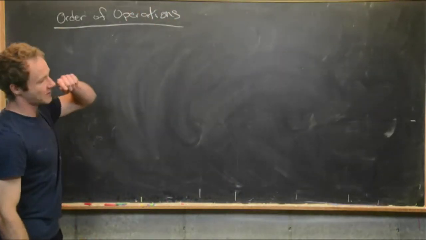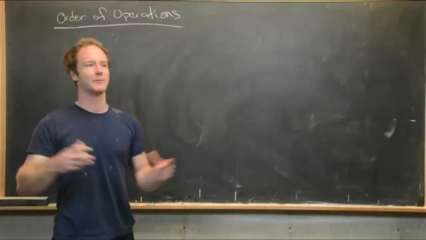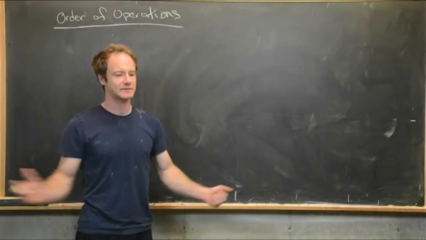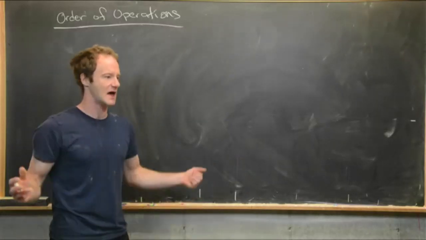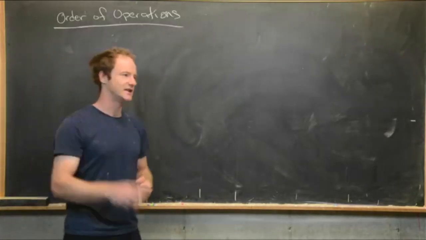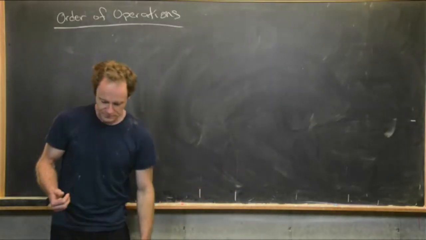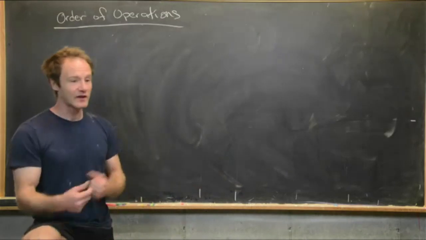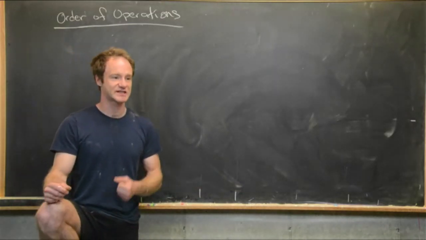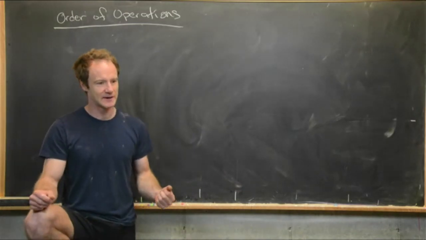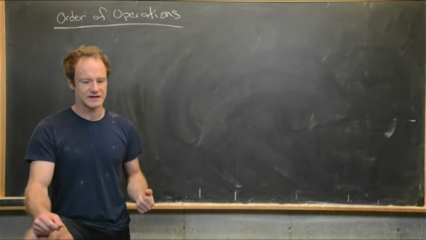Okay, so the order of operations. Let's say you have a bunch of numbers or symbols, and you're combining them together with different arithmetic operations: addition, subtraction, multiplication, division, exponentiation, all that kind of stuff. Well, I really like how the book puts it. As a society, we have decided what order we're going to do these operations in.